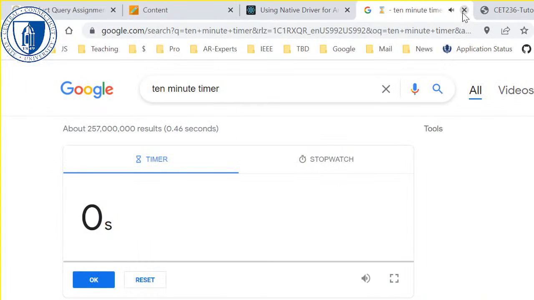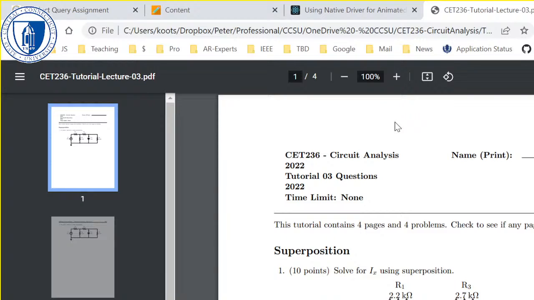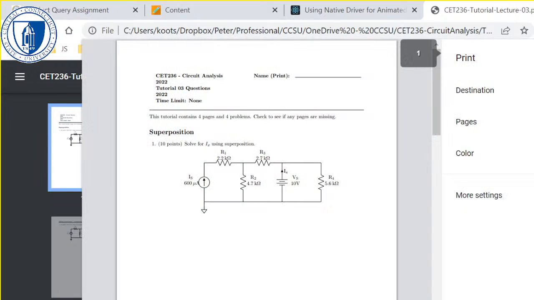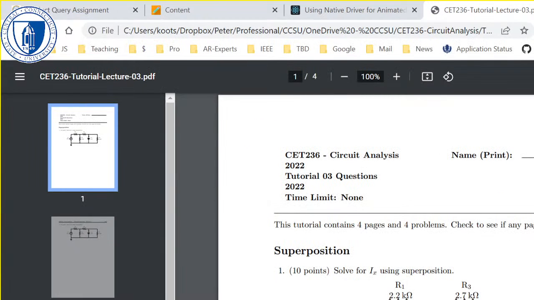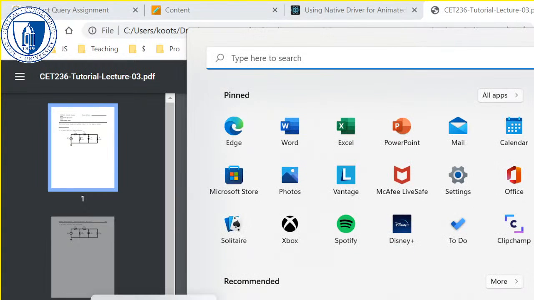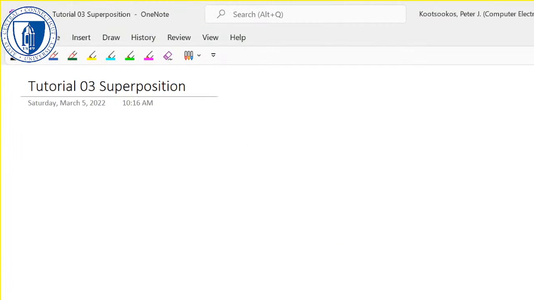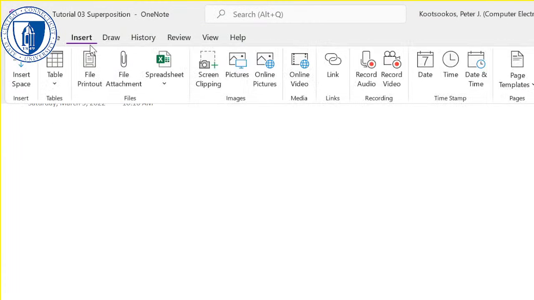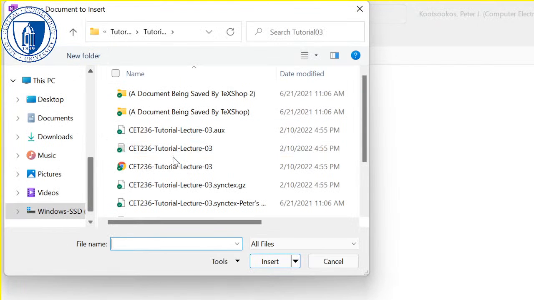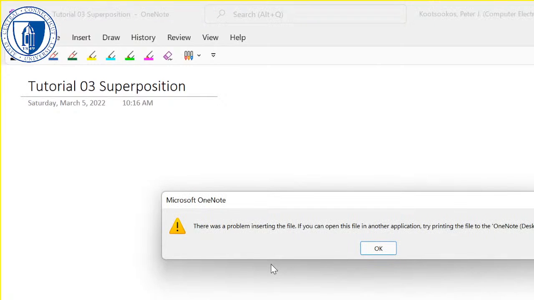I hate that. Where's those? Go. You can open this file in another application.